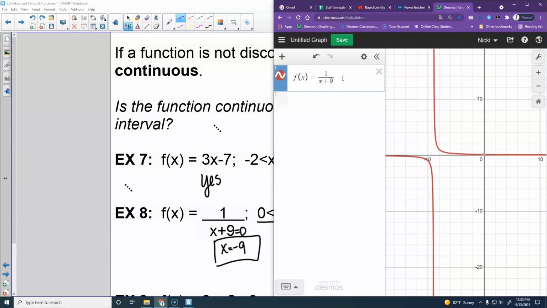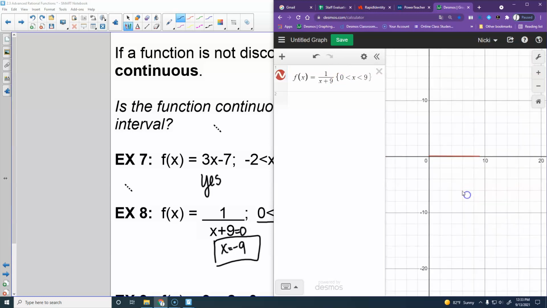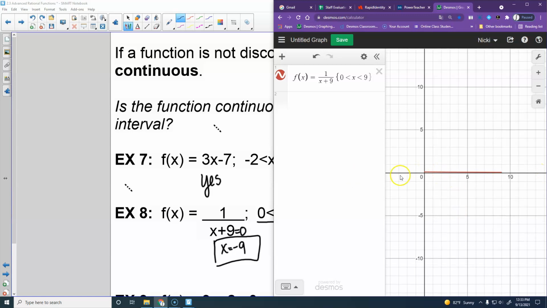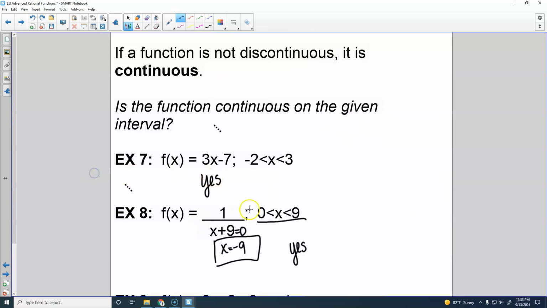But what you're doing is you're going over here and just saying 0 less than x less than 9. And so all we're looking at is this portion of the graph right here. So my discontinuity isn't in that portion of the graph, right? It's just in this section, so this is continuous everywhere in that interval. Okay, questions?